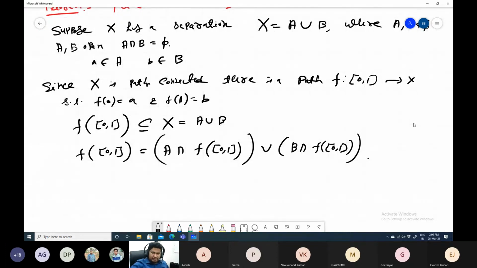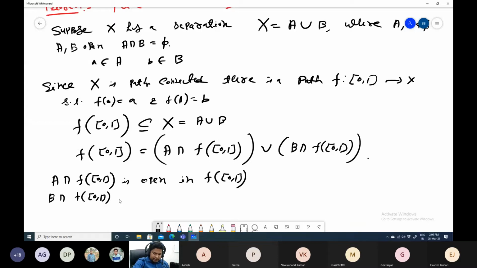First of all, what does it mean? This forms a separation. Now A intersection f([0,1]) is open in f([0,1]) because A is open in X, right? So therefore A intersection f([0,1]) is open in f([0,1]). Similarly, B intersection f([0,1]) is open in f([0,1]). So these two conditions are satisfied.